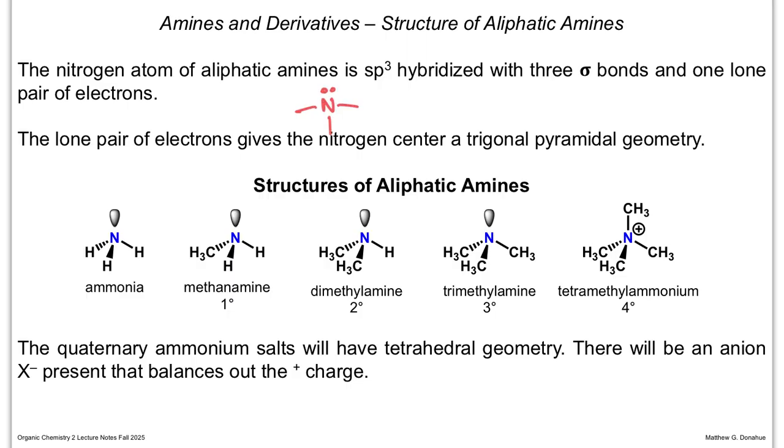So I'm just drawing a general sort of bonding pattern where the nitrogen has 1, 2, 3 sigma bonds and then that lone pair. Down in the structures, that lone pair is represented by this gray orbital. So you can think of that as being an sp3 hybrid orbital.